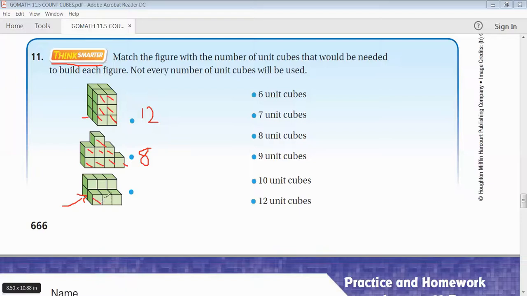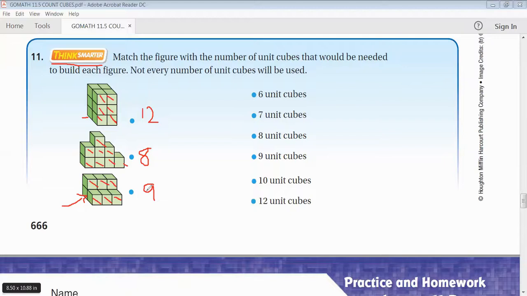We have 1, 2, 3 up front, 4, 5, 6 on top that we can see. And remember, whenever we can't see, we're going to assume it's going to be the same amount going across. Since we had 6 so far and we know that there's 3, we're going to count 7, 8, 9. So this figure will have a total of 9 unit cubes.